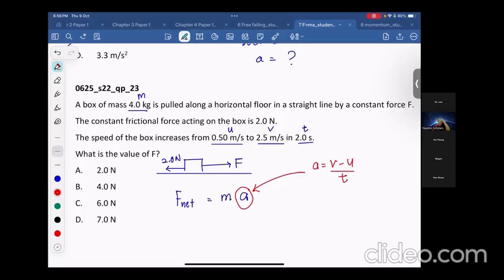This is the acceleration formula. Yes, Teresa, v minus u over t. Yes, correct. So boys and girls, can you try and then tell me what is your answer for your force? Do it right now. They don't give you a directly. We can count it out.